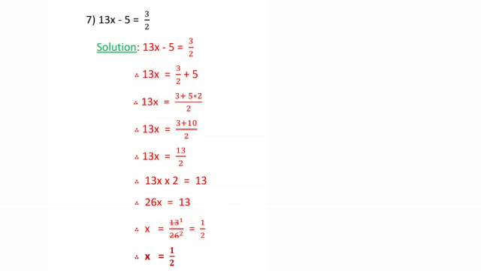Therefore 26x is equal to 13. Therefore now this 26 when it goes to right hand side it gets converted into division. Therefore x is equal to 13 upon 26. So after cancellation you get 1 upon 2. Therefore x is equal to 1 upon 2.